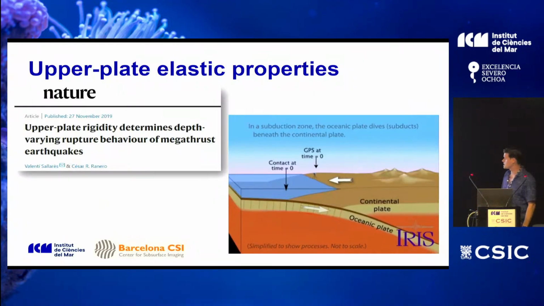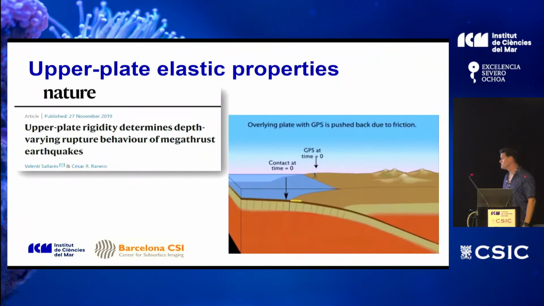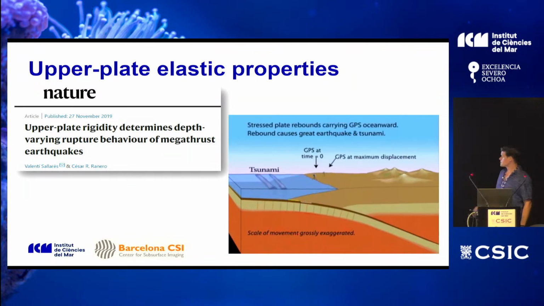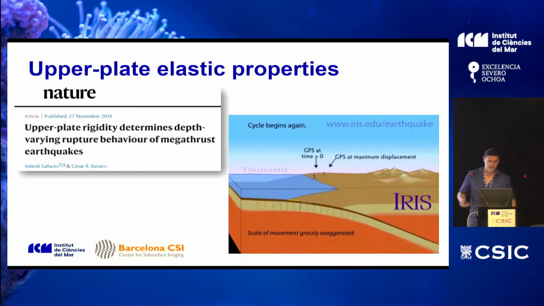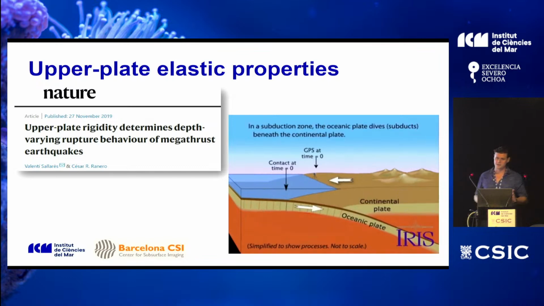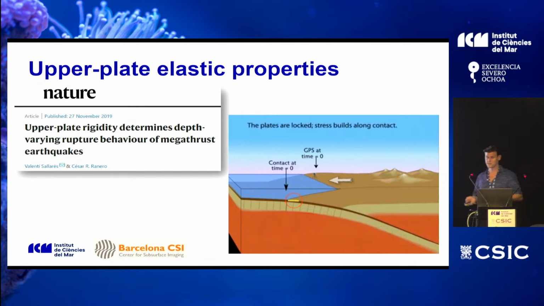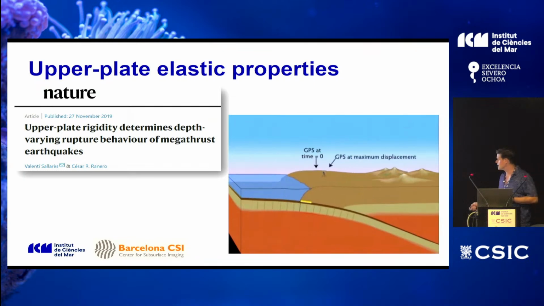Until a study came up in 2019, presented by Valentina and Cesar, both from ICM, in which they proposed that the dynamic behavior of these megathrust earthquakes is mostly explained by the variation of elastic properties at the base of the upper plate.